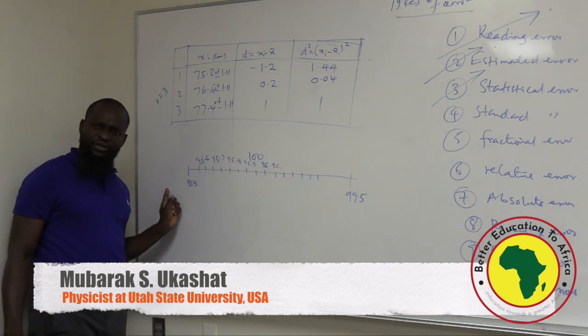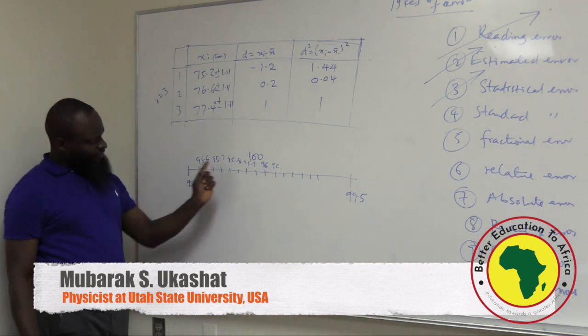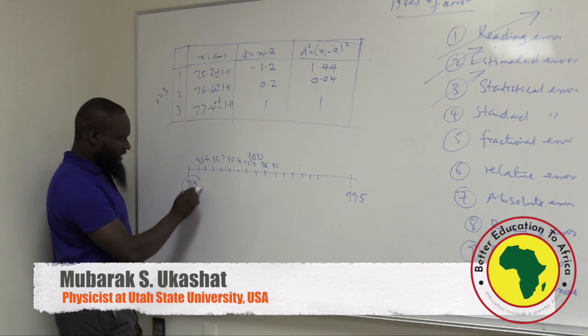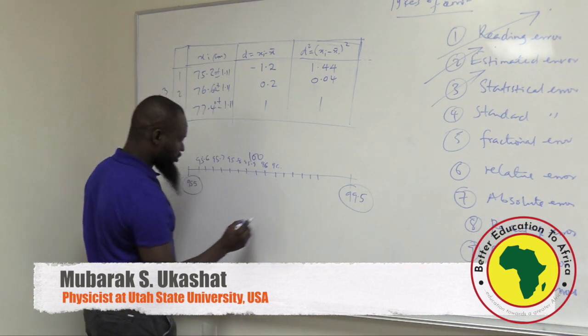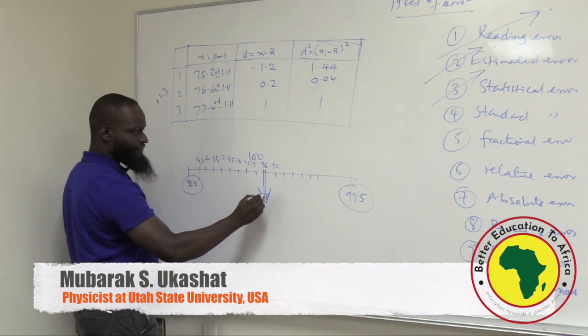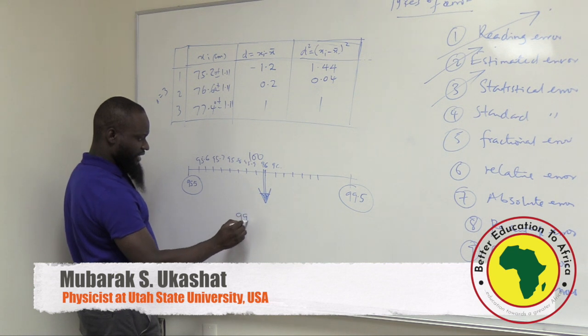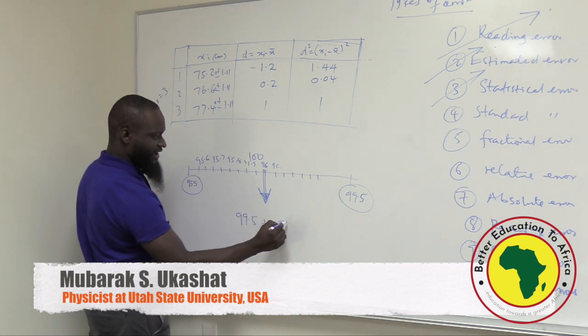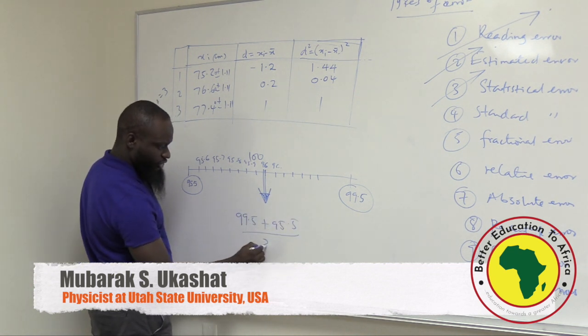Now, what is the average of these values? It is this plus that, divided by 2, so it's going to be somewhere in the middle. That's the average you expect. 99.5 plus 95.5, divided by 2.